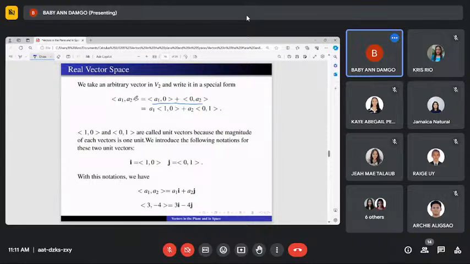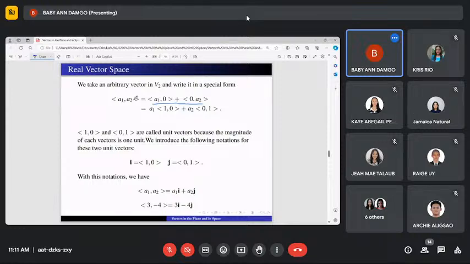So these 1, 0 and 0, 1 are called the unit vectors. If you remember the unit circle, the radius is 1. For vectors, it is called a unit vector if the magnitude is 1. So remember, the magnitude of A is equal to the square root of A sub 1 squared plus A sub 2 squared. So we have 1 squared plus 0 squared, so the magnitude is 1.